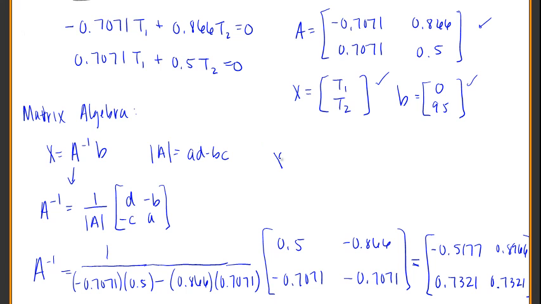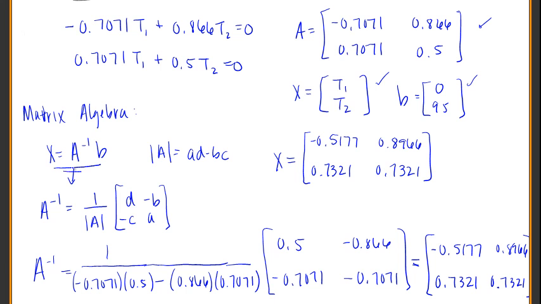Okay, so going back, our answer is going to be this inverse matrix, so negative 0.5177, 0.7321, 0.8966, and 0.7321, and we multiply that times our B, and our B is 0 and 95.